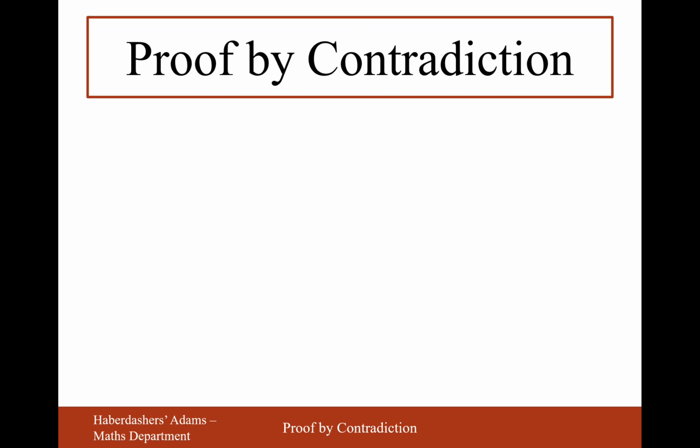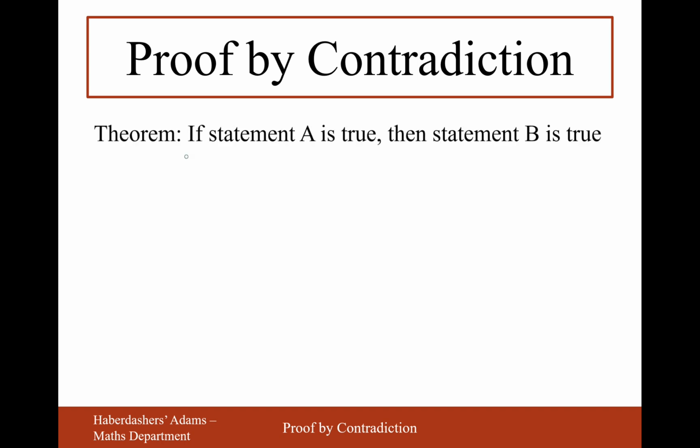And we're going to move on to some slightly different types of proofs by contradiction where we've got a conditionality statement. So something like this. If statement A is true, then it follows on that statement B is true. So the way that we reverse the initial part of the proof is we keep the first part of the statement the same.